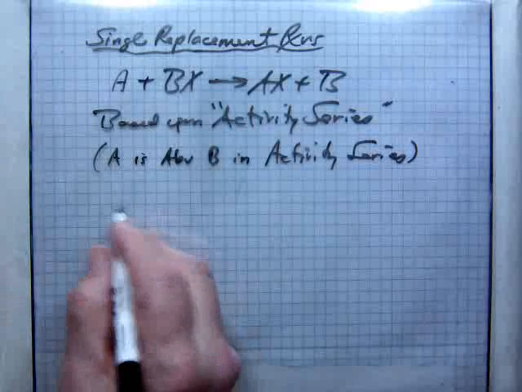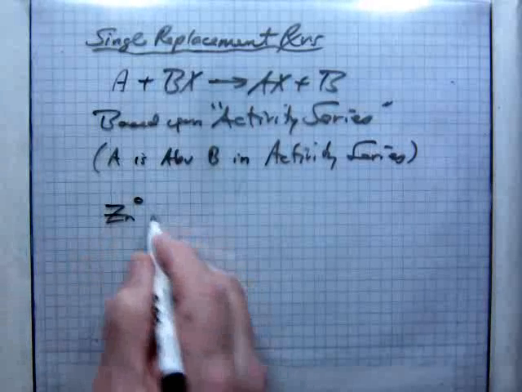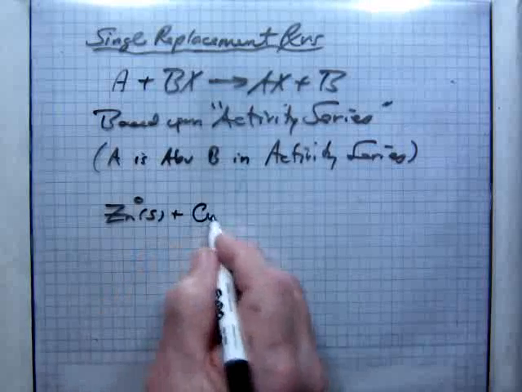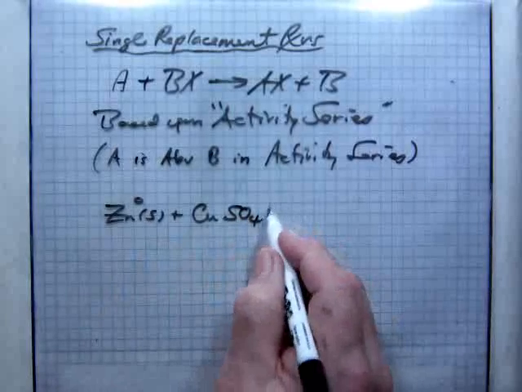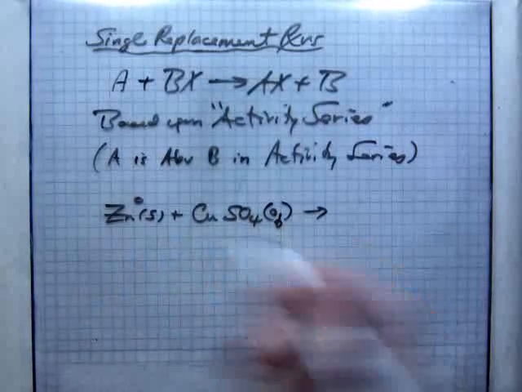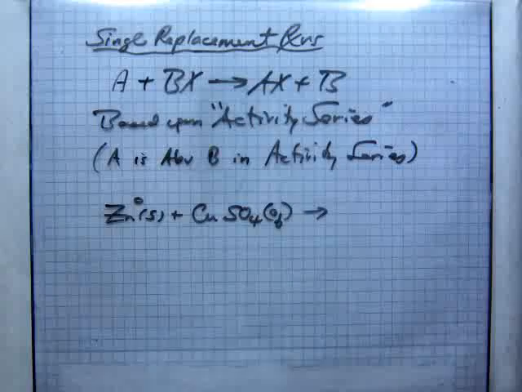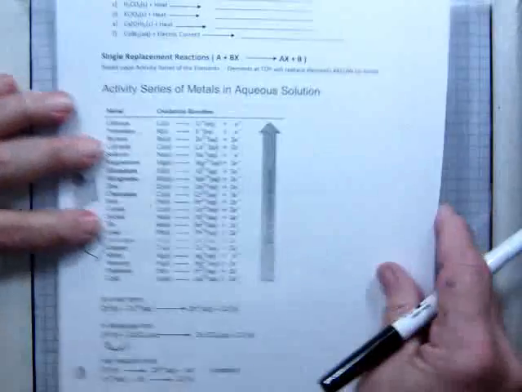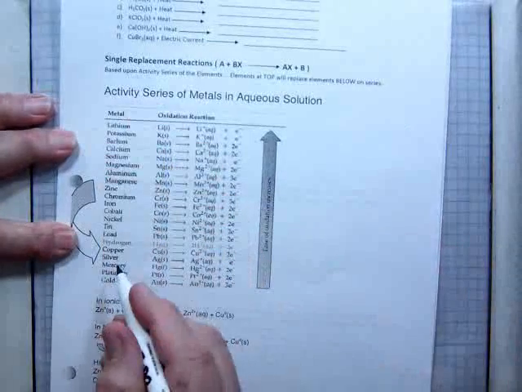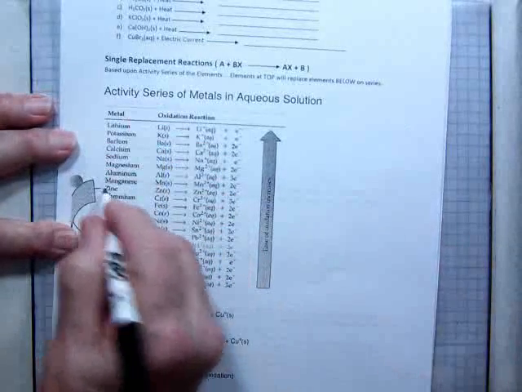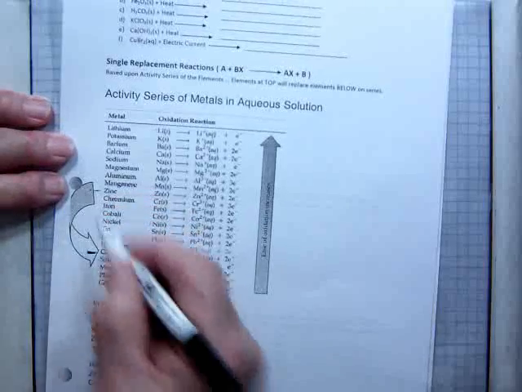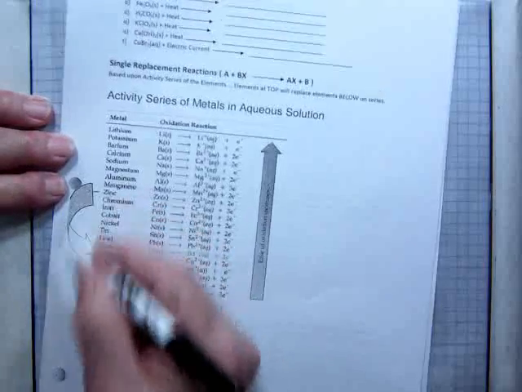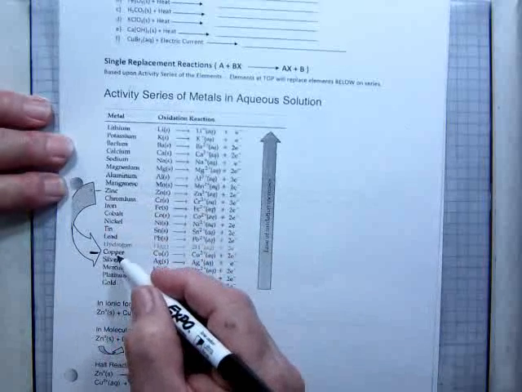We'll take zinc, in its standard state, and copper sulfate, aqueous. What's the outcome of this? If you look at the activity series, we can find zinc is right here, and copper is here. That arrow on the left shows that whatever's up here will actively replace something below it.